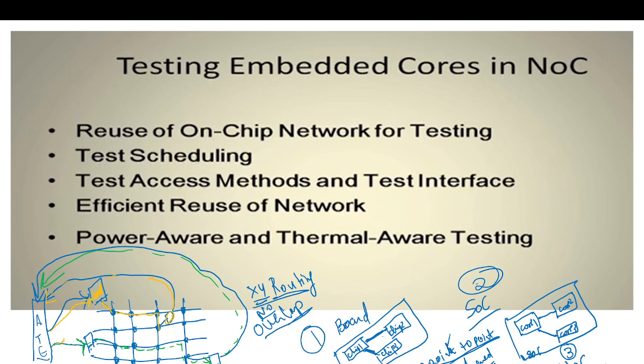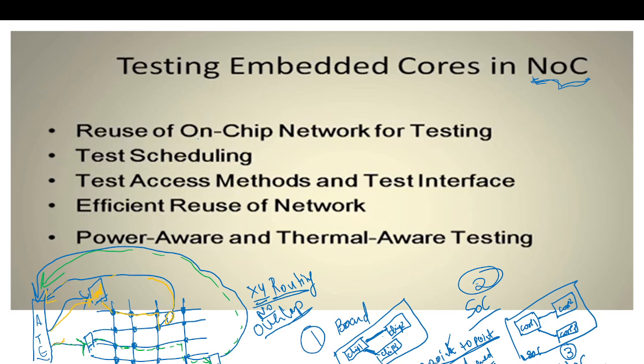So the first point: reuse of the on-chip network for testing. In the NoC, we are adding it for connecting the cores, so we are paying for the NoC for the interconnect, not for functionality. So already this is an overhead, and adding a testing architecture for a NoC would be adding another overhead.